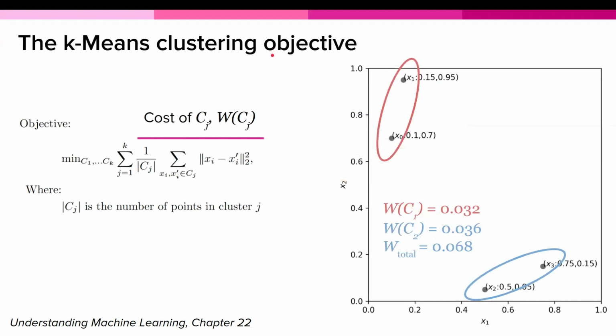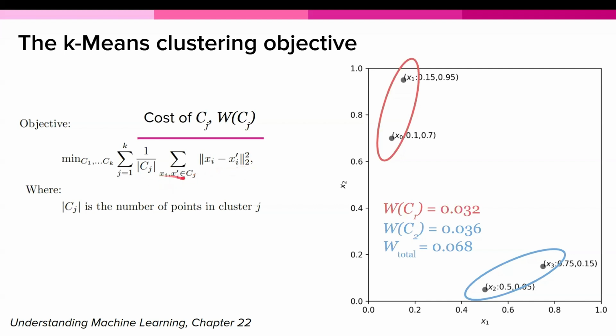So in k-means clustering, the goal is to group points into k clusters in such a way that the points within each cluster are as close as possible to one another. And to formalize this, we use a cost function, which is what k-means tries to minimize. And so the cost function is based on the average pairwise distances between points in the same cluster.